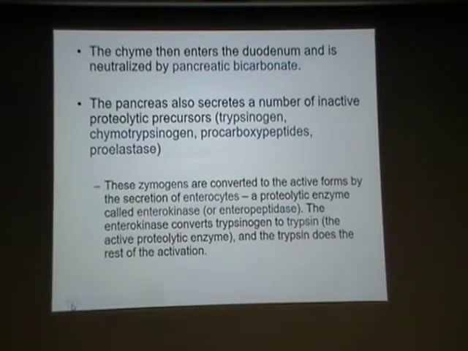And just like we saw with pepsinogen in the stomach, once we have some trypsin, it can activate more trypsin. It's the one that activates the chymotrypsinogen to convert it to chymotrypsin. Trypsin is the one that converts procarboxypeptidases to the carboxypeptidases, and it's trypsin that converts proelastase to elastase. So once you've got some trypsin, you're going to get a lot of active trypsin and the other peptidases.